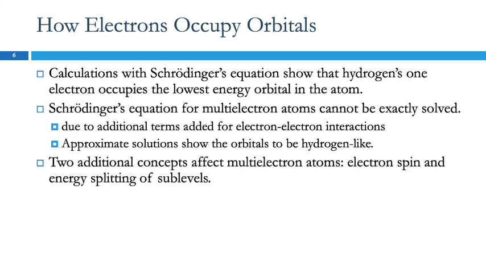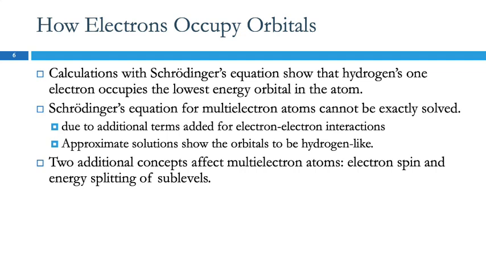So we also talked about Schrodinger's equation, and doing calculations with that show that hydrogen's one electron occupies the lowest energy orbital in the atom. And this is typical. With the electron in hydrogen, these things can be solved and predicted well. But when you get to more than one electron, which is like everything but hydrogen, right?